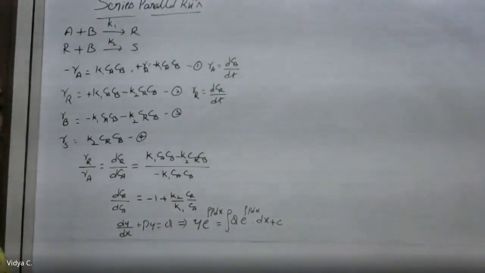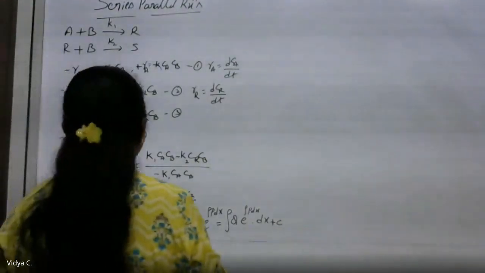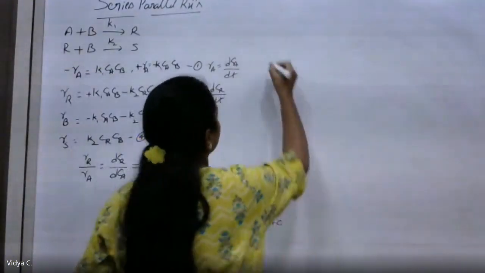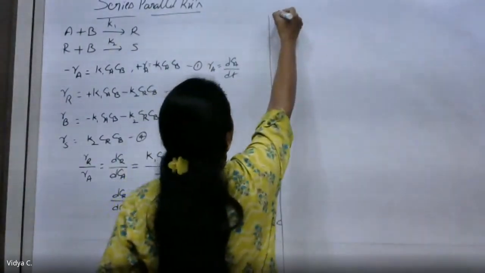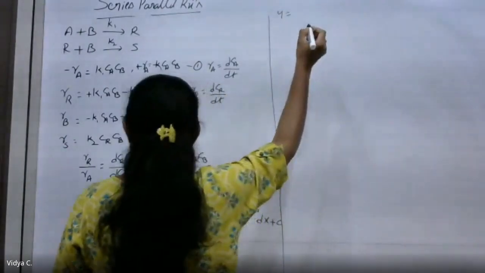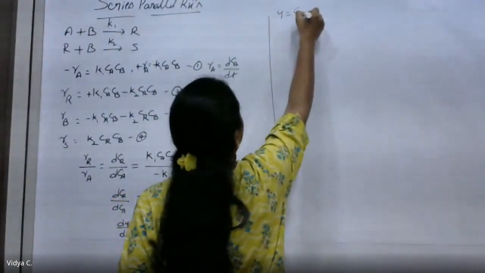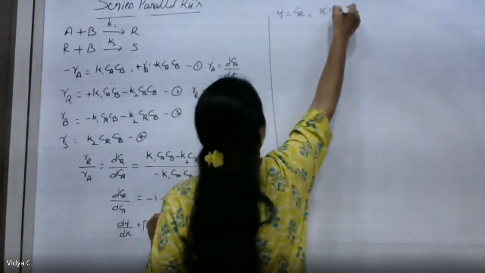So what do I have? Here y is equal to CR, x is equal to CA.